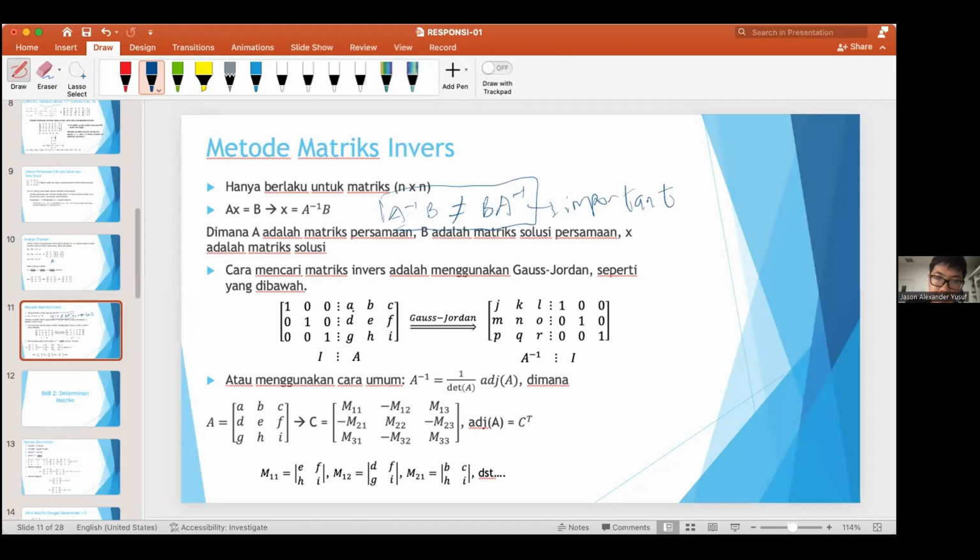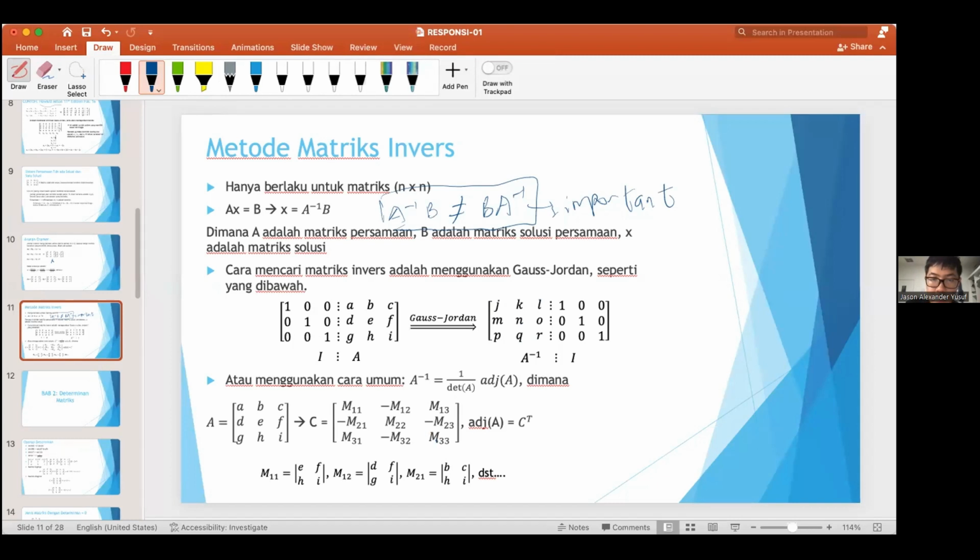This is called the identity matrix. Then you perform Gauss-Jordan until the right side becomes an identity matrix. Once you've done that, the left side will be the inverse.